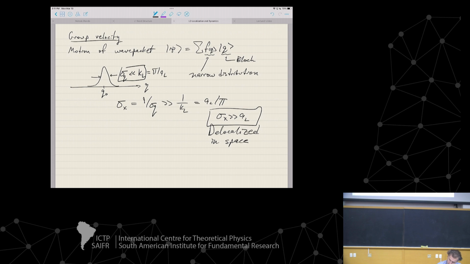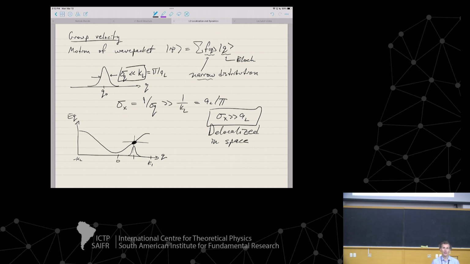Okay, so I'm going to construct this wave packet, and then I want to ask, how does the wave packet move in position space? Well, the fact that this is a narrow distribution in Q means that when I think about quasi-momentum, and I have this dispersion relation, then I can think about the Q packet existing at, let's say, just one primary quasi-momentum.